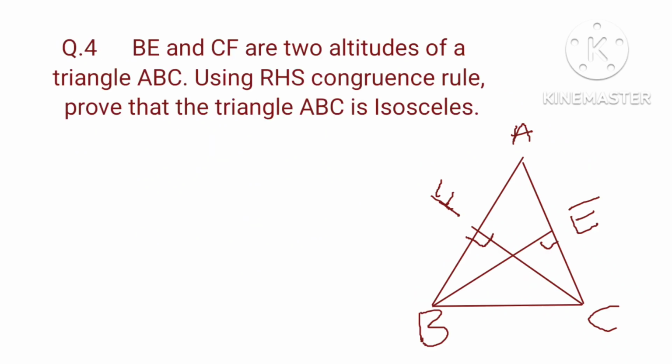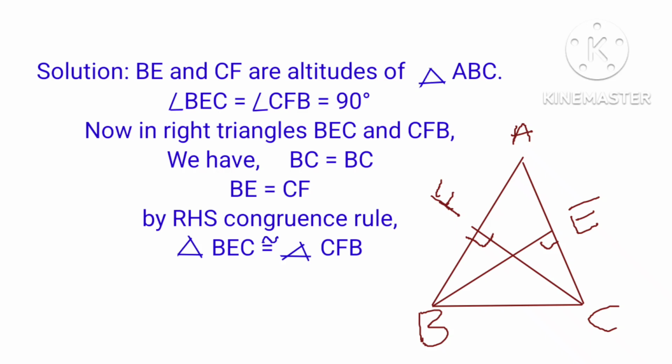Question number 4. BE and CF are two altitudes of a triangle ABC. Using RHS congruence rule, prove that the triangle ABC is isosceles. Solution. We have to prove triangle ABC is an isosceles triangle.